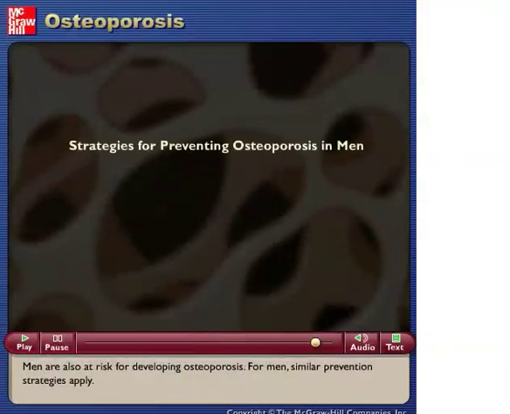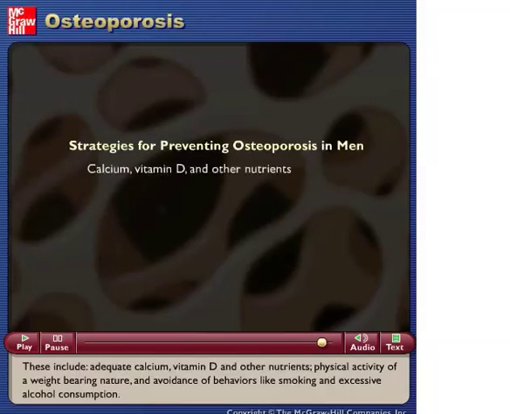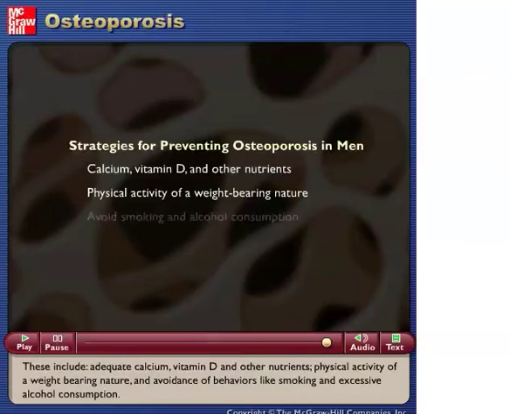Men are also at risk for developing osteoporosis. For men, similar prevention strategies apply. These include adequate calcium, vitamin D, and other nutrients, physical activity of a weight-bearing nature, and avoidance of behaviors like smoking and excessive alcohol consumption.